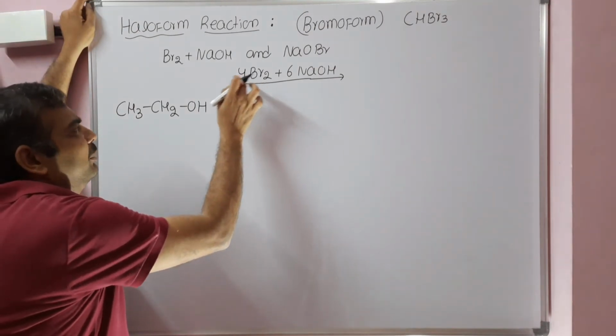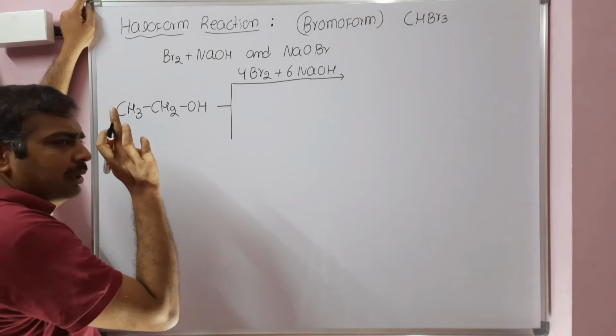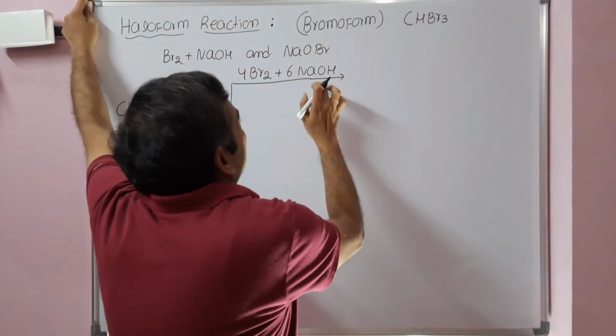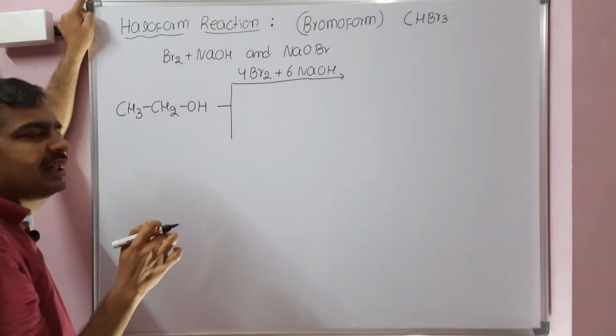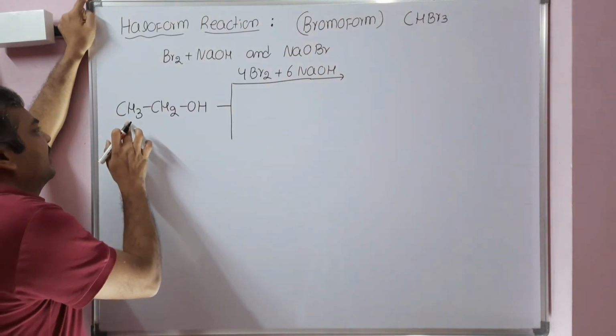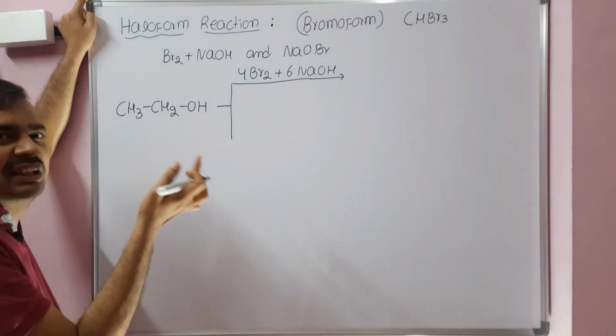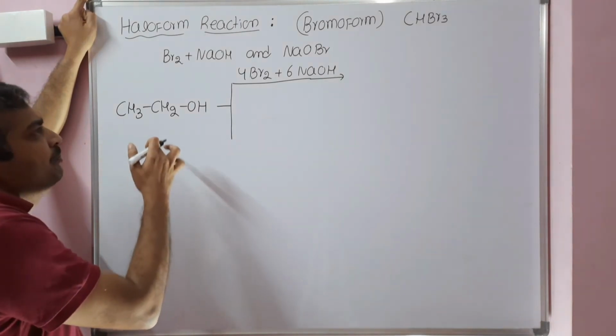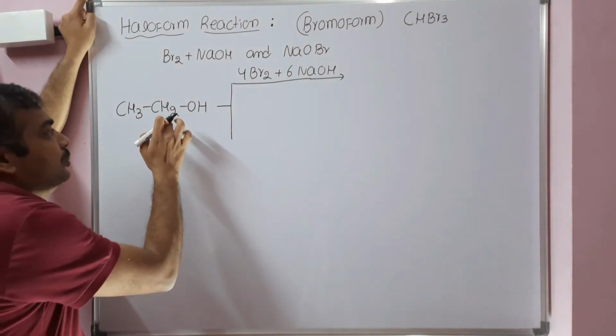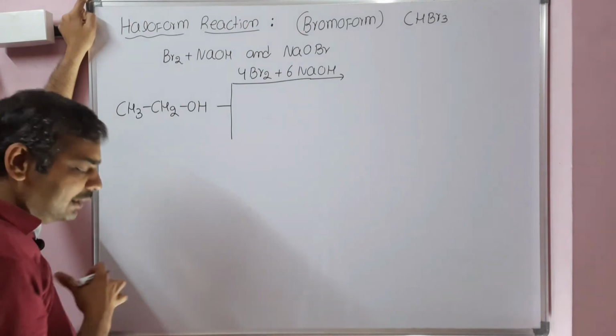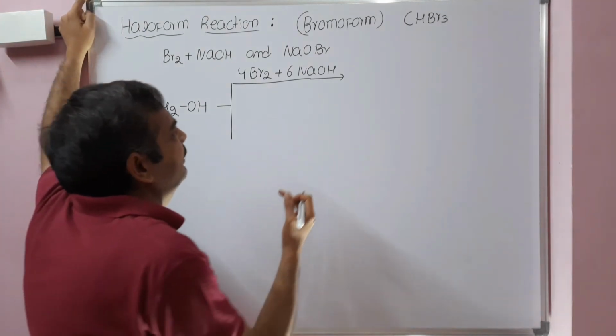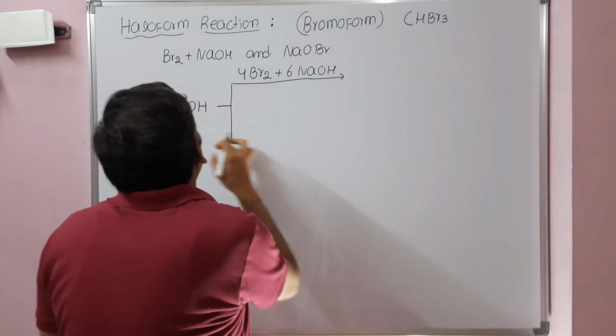Another mole of bromine is to convert alcohol to aldehyde. Okay, regarding 6 sodium hydroxide, 3 sodium hydroxides to abstract a proton here. 1 sodium hydroxide is at the final step to attack at chloral. 2 sodium hydroxides to convert alcohol to aldehyde. For any doubt, you can check my previous video for complete mechanism.